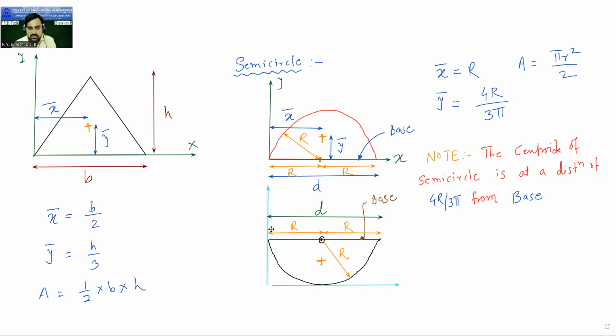This is our x and y axis. Now I will show the distance over here, what is x bar and what is y bar. X bar you should always measure from the y-axis, that is the horizontal distance, and y bar is the vertical distance that should be measured from the x-axis.